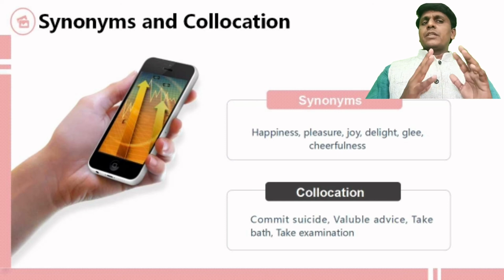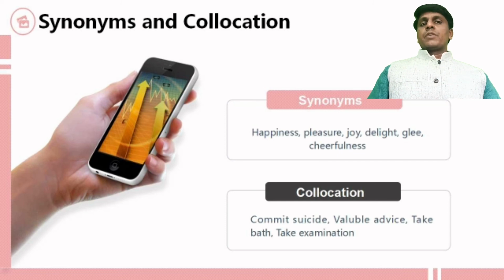Great advice is a wrong combination from the collocation point of view. Then take a bath, not do bath. So this combination, in order to enrich your communication on word level, we must know.